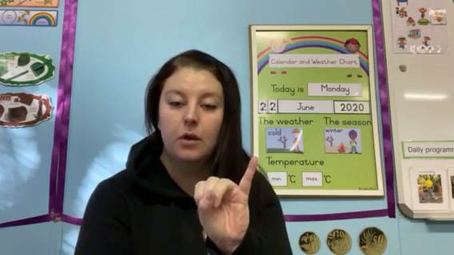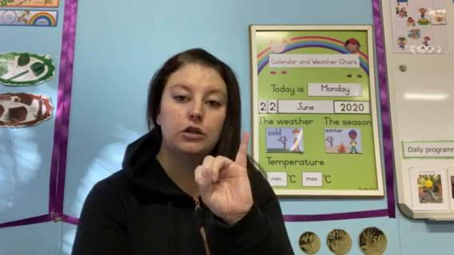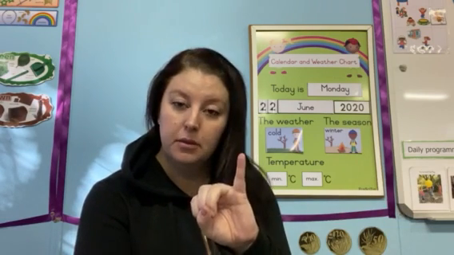So the first instruction you are going to do for me, you are going to build me a column on the left-hand side of the board from the top to the bottom. Listen carefully. You can start.